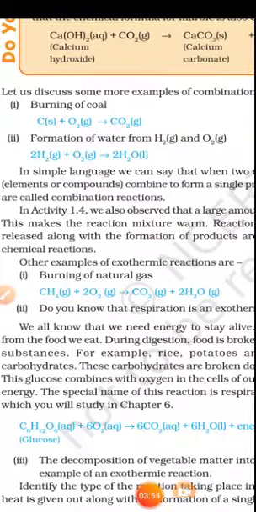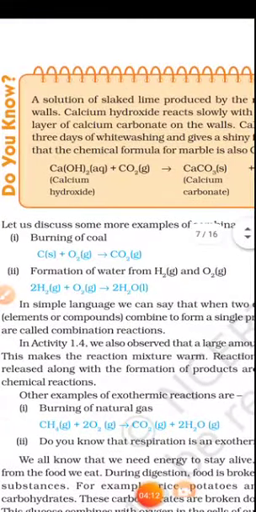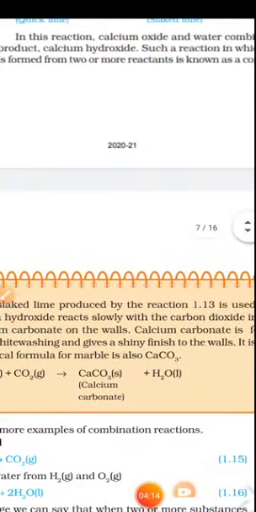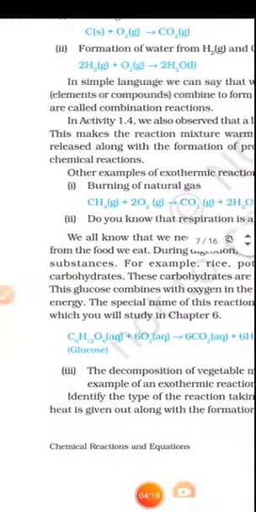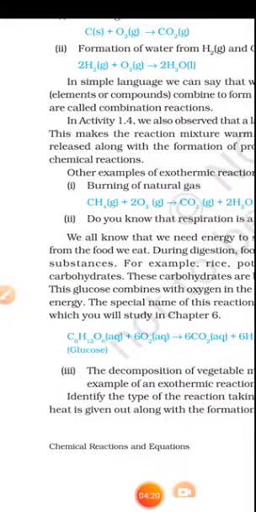Methane is found in gaseous form, reacts with oxygen, and it will form CO2 and water. It is called a combination reaction with exothermic, meaning there is release of heat in the medium.